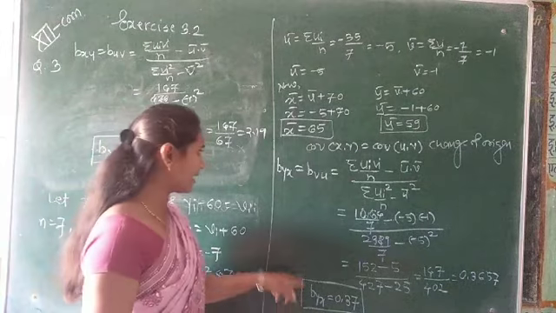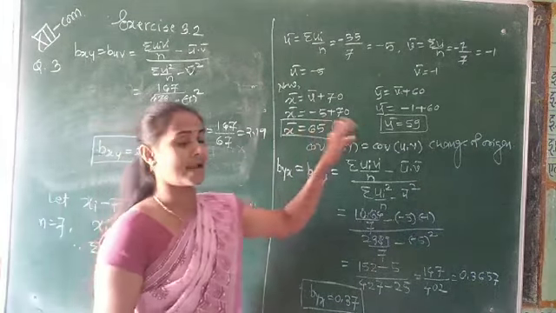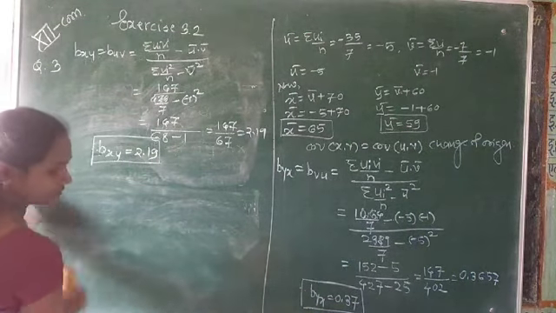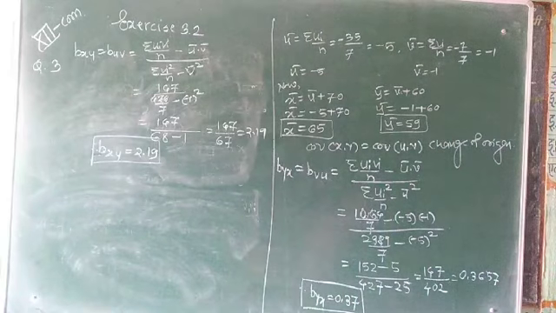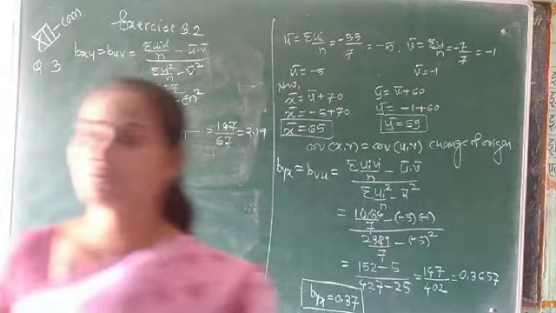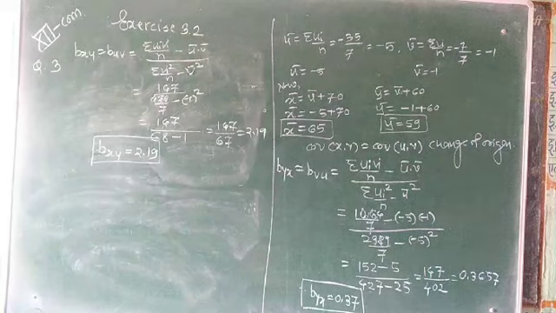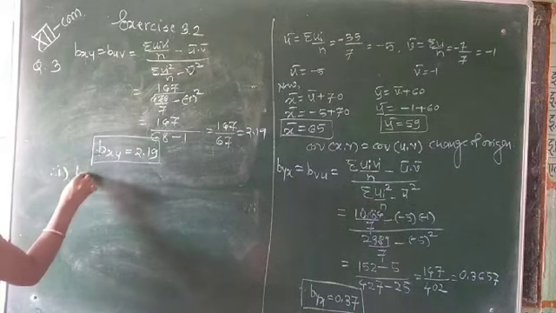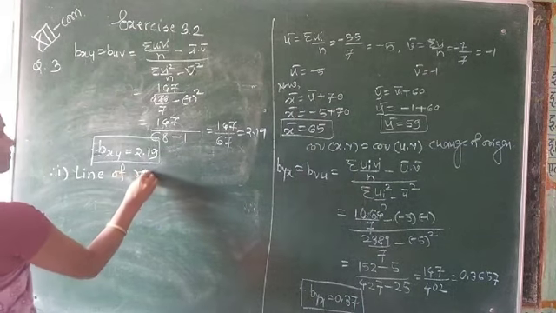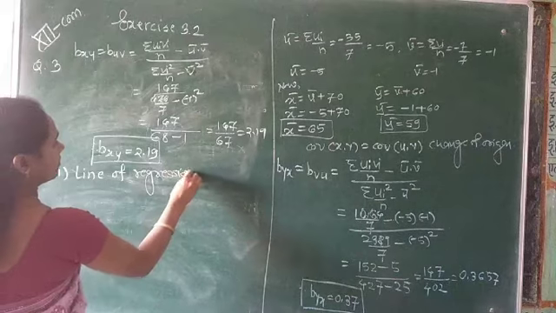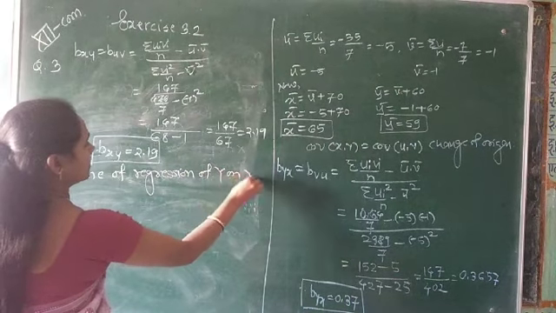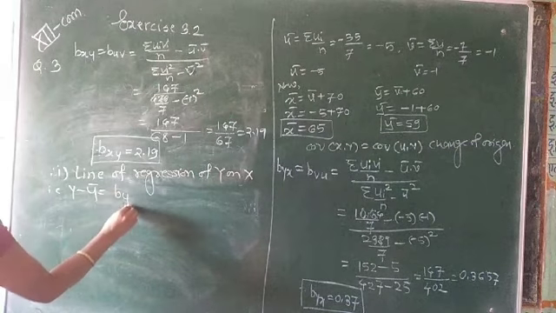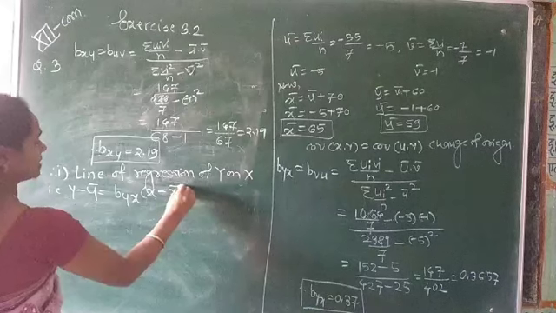So here we will get Byx and Bxy, and we know the x bar and y bar, since here we find the regression equations. Therefore, first question, line of regression of y on x, that is y minus y bar is equal to Byx into x minus x bar.